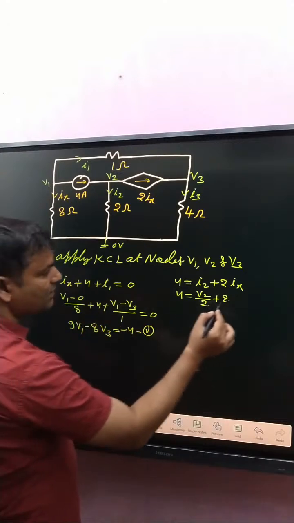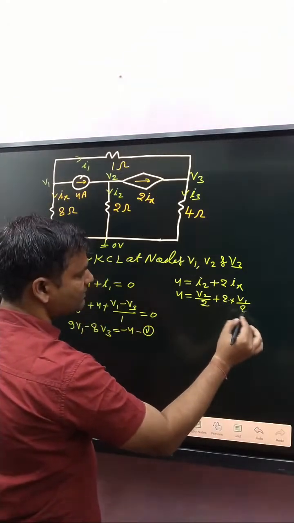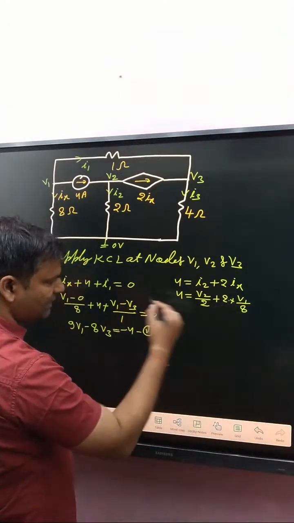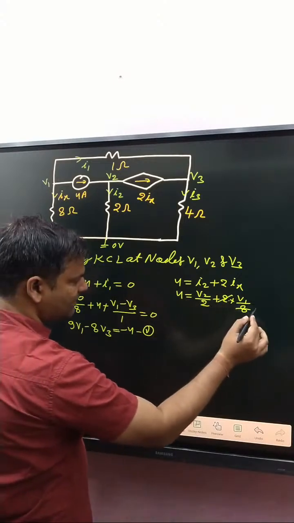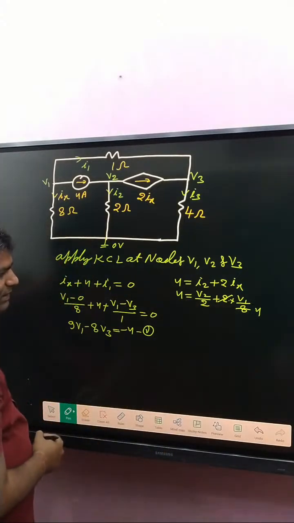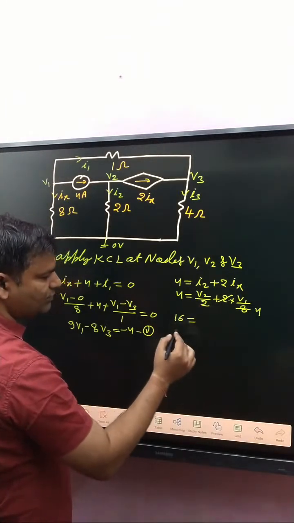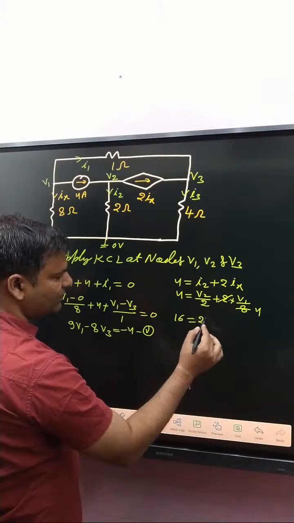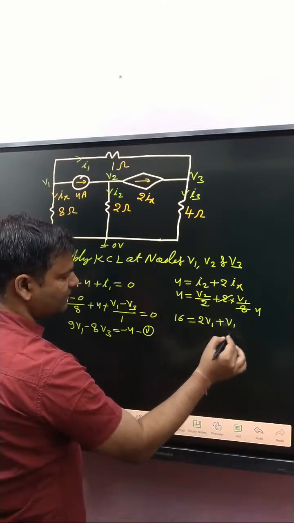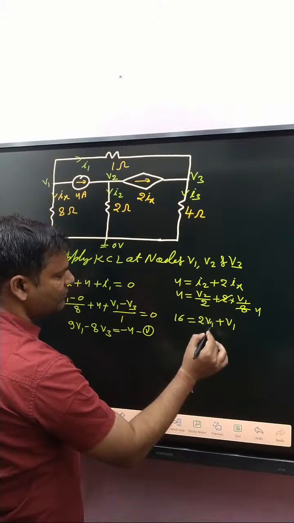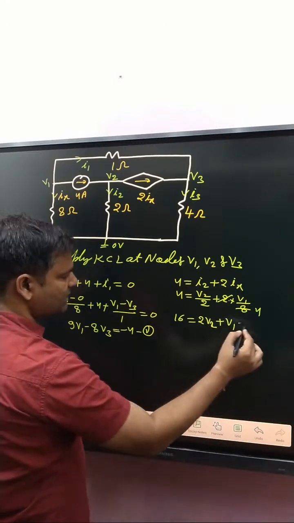V1 by 8, and 2Ix is V1 by 4. Multiply by 4 on both sides, then 16 is equal to 4 by 2, that is 2V2, and that is V1. Equation number 2.